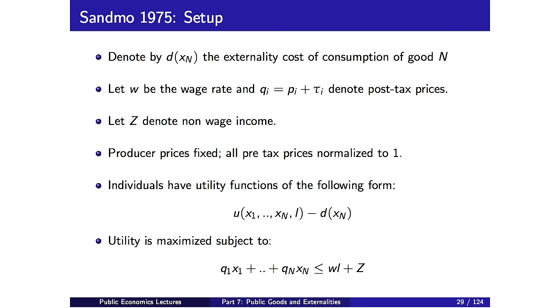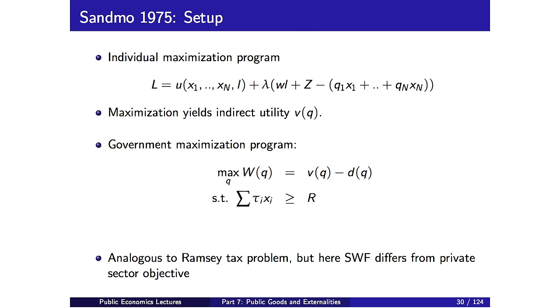Individuals are going to have utility functions of this form where now we've added this d of x_n term, which reflects the externality. Individuals maximize their private utility subject to the usual budget constraint. So the individual's maximization program is written by this Lagrangian, which is utility, notice not including the externality term, that's the key thing, plus the budget constraint where lambda is the multiplier on the individual's budget constraint.